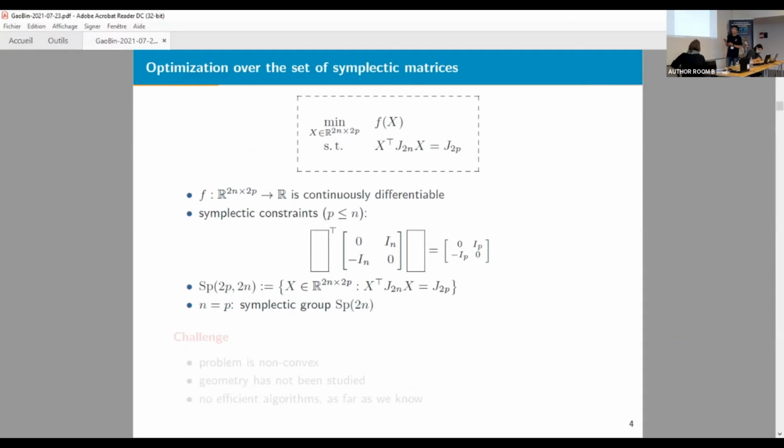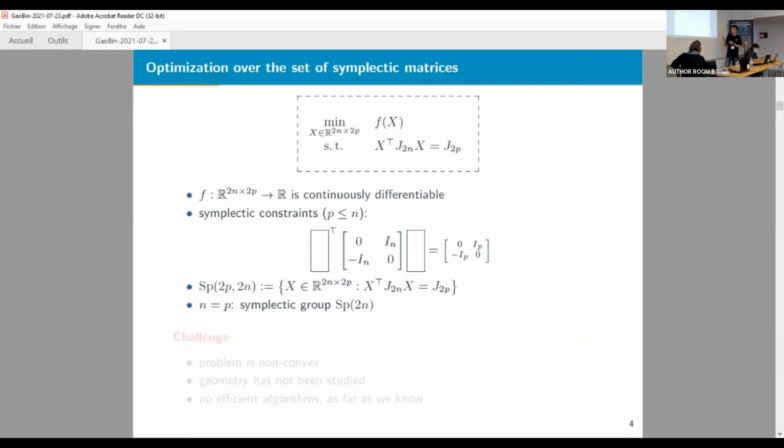If you write down this constraint, it has the row number 2n and a smaller column number 2p. If we collect all these kinds of matrices as SP, then we get this set. Later, I will prove that this set is actually a manifold. And if you carefully choose a metric, then this manifold will further be a Riemannian manifold.